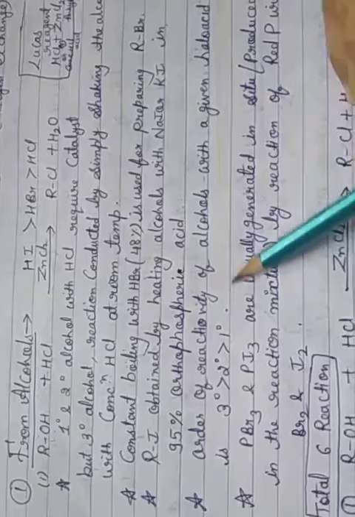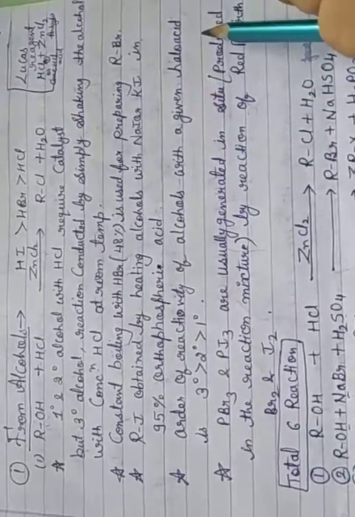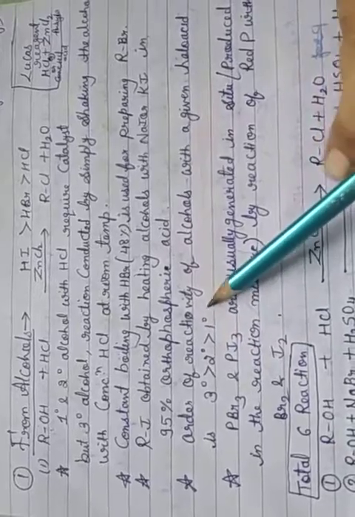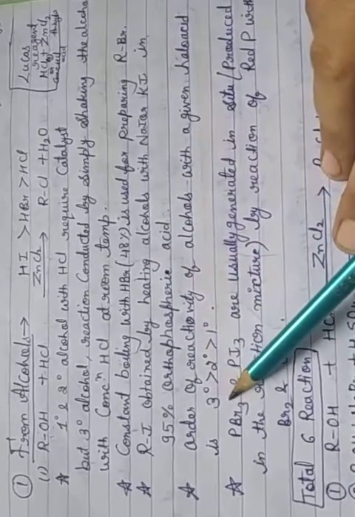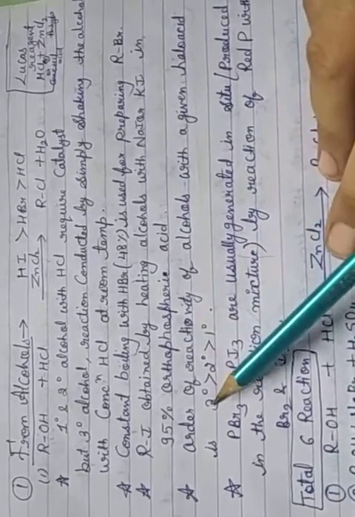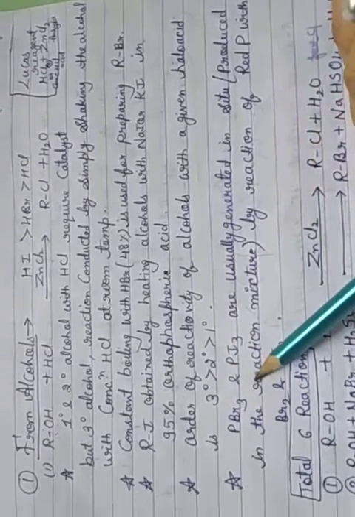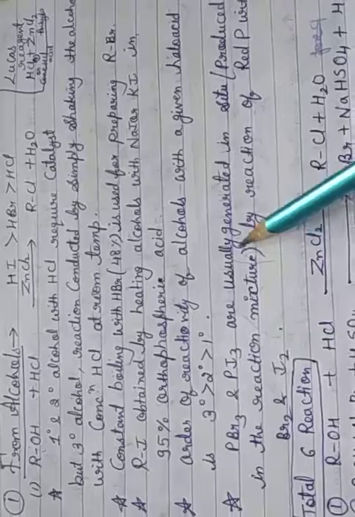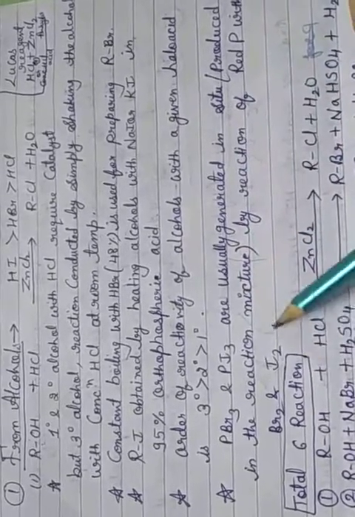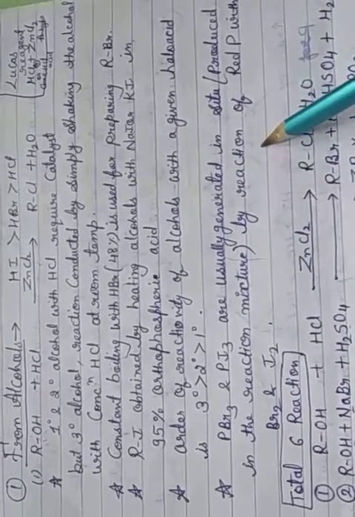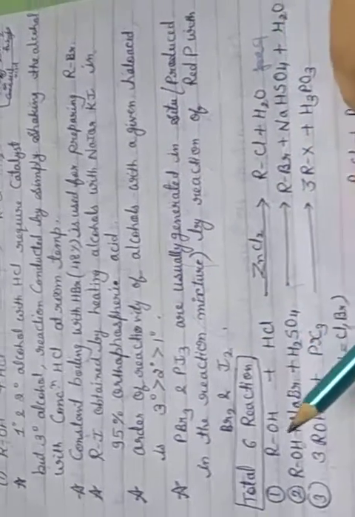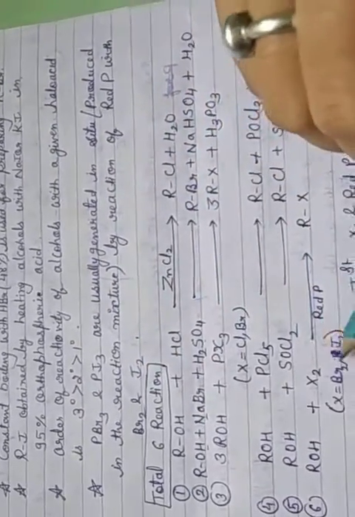The order of reactivity of alcohol with a given halo acid is 3 degree, 2 degree and 1 degree, so the reactivity of 3 degree alcohol is greater. Then PBr3 and PI3 are usually generated in the reaction mixture by the reaction of red phosphorus with Br2 and I2. In total, 6 reactions are given.